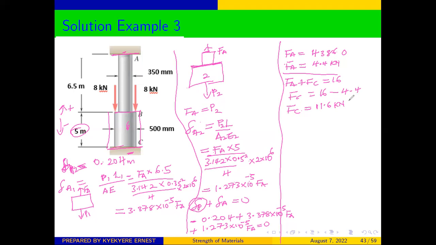So we are done with the first question, and the second question we're asked to determine the normal stress in each of the sections.